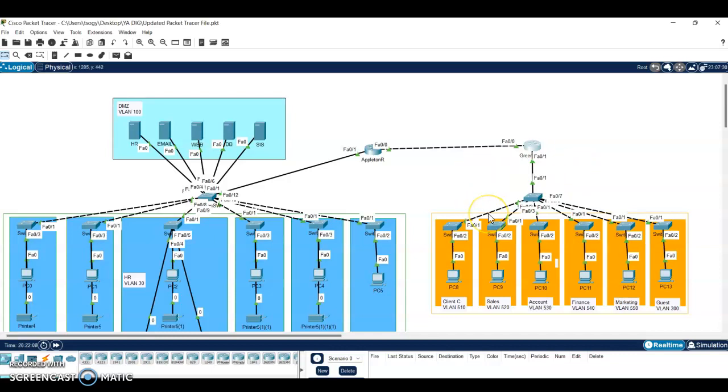And DHCP addresses are included in the VLANs of Appleton and Green Bay PCs, but the DMZ servers have static addresses configured.